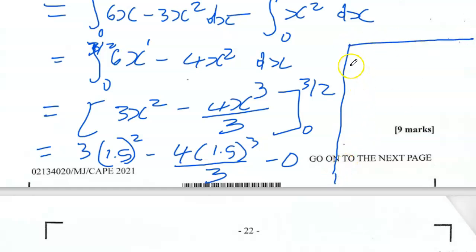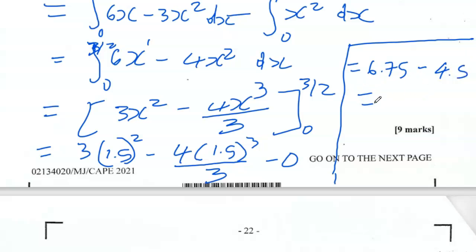So 3 times 1.5 squared is equal to 6.75, that's straightforward use of the calculator, minus 4 times 1.5 cubed divided by 3, we end up with 4.5.